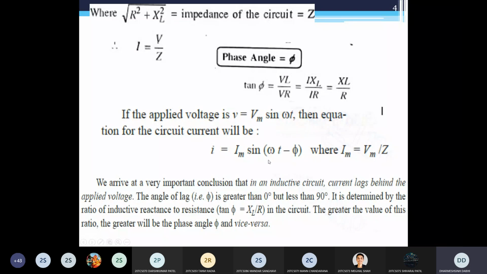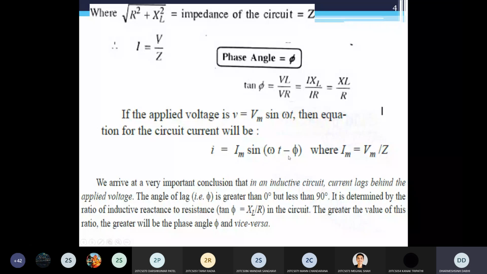So what is the value of instantaneous power? Anyone? Give me the answer. I already gave the answer. v into i. Yes, v into i, but v and i are already given. v is equal to Vm sin omega t, and i is equal to Im sin omega t minus phi.